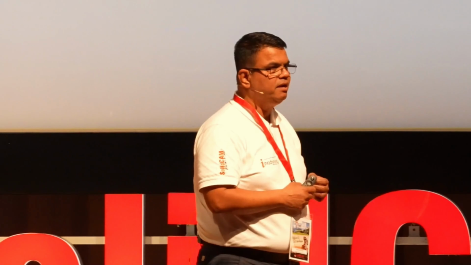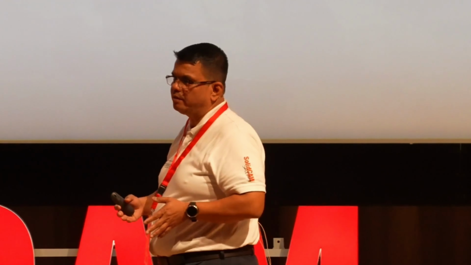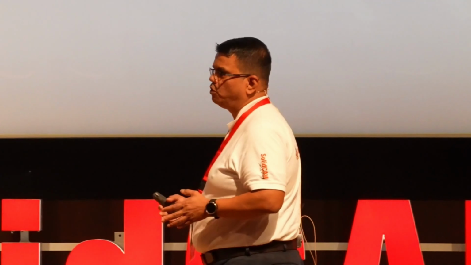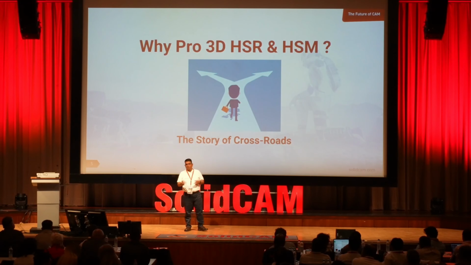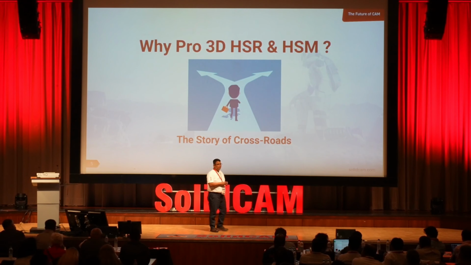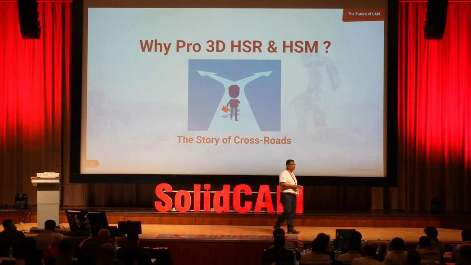And we had to make a decision very quickly because the competition was strong, and we were getting weaker every day with a solution that was not really up to the mark for what the competition was offering. So we had two roads. One, I told Emil, let's find a developer and develop a 3-axis solution by ourselves. But that would mean it would take 6-7 years to develop something like what our competition has today.